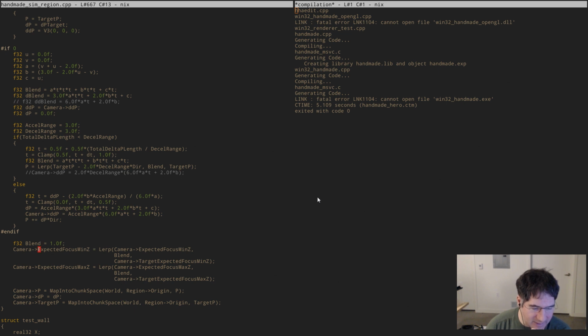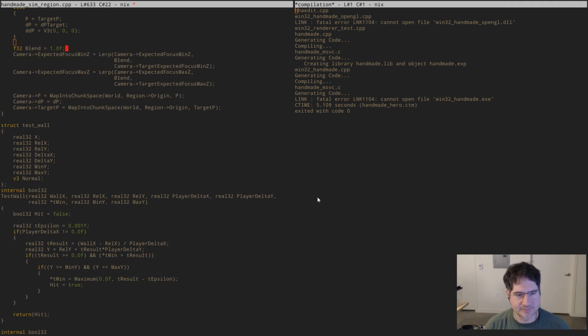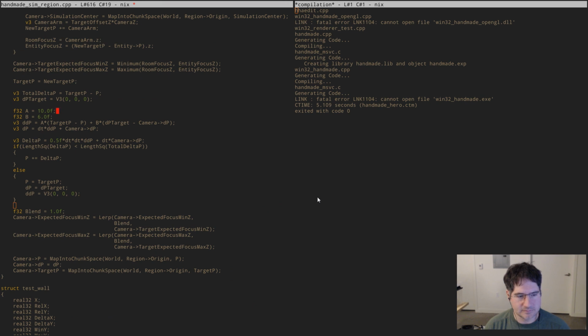Like, I want the expected min focus and stuff to be kind of more based on just where the camera is. But the problem is it's hard to know how to do that exactly. I'm not sure how to put in a good blend here, something that would make these things track the distance better.